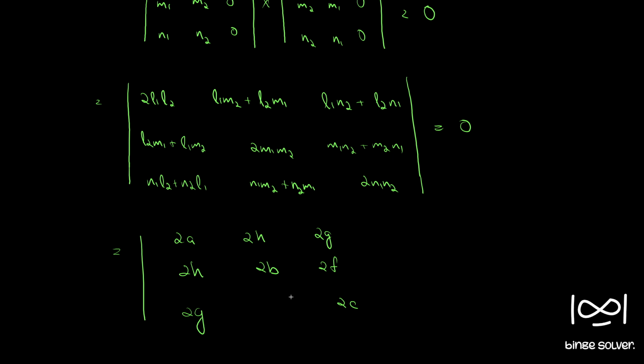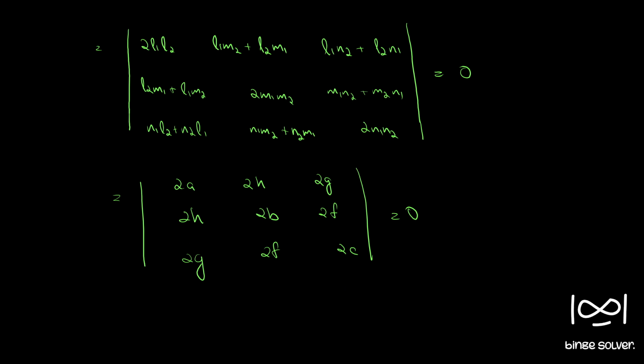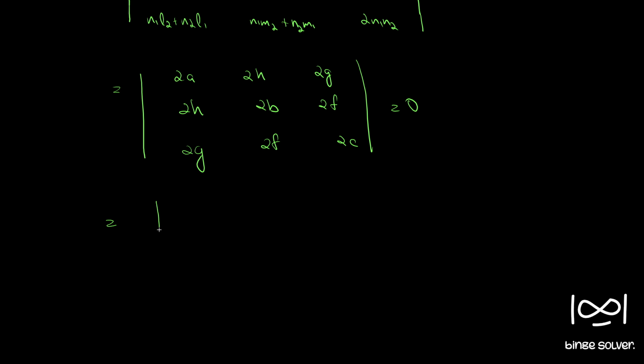So G, and this is 2F, equal to 0. Or we can write this simply as, if you take 2 out and cancel it out, we get A H G, H B F, G F C equal to 0. So this is the condition.